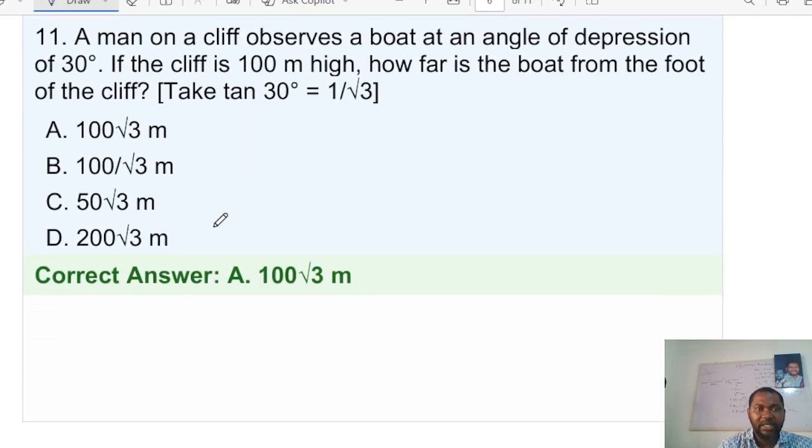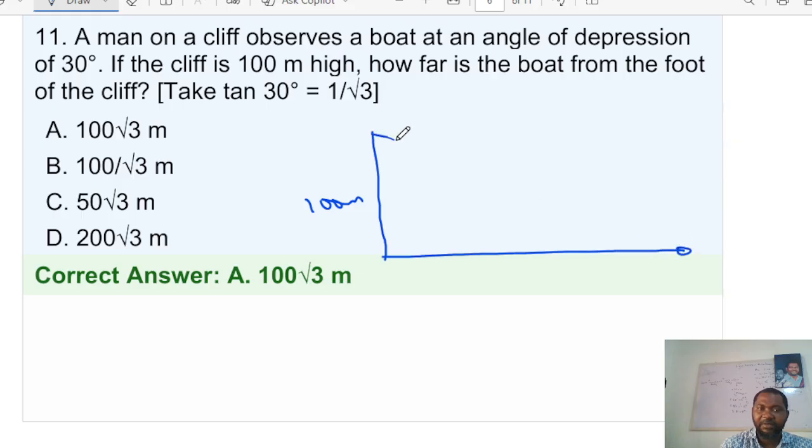Now this one says a man on a cliff observes a boat at an angle of depression of 30 degrees. The cliff is 100 meters high. How far is the boat from the foot of the cliff? This is the cliff, 100 meters high, and the boat is somewhere here, and the depression is like this, 30 degrees.